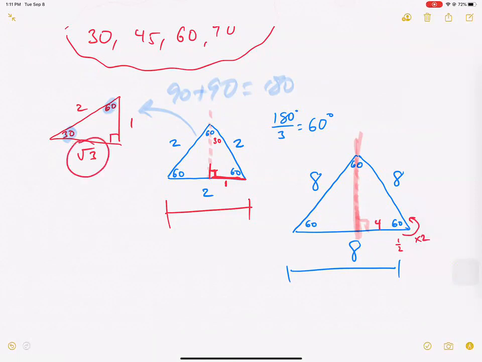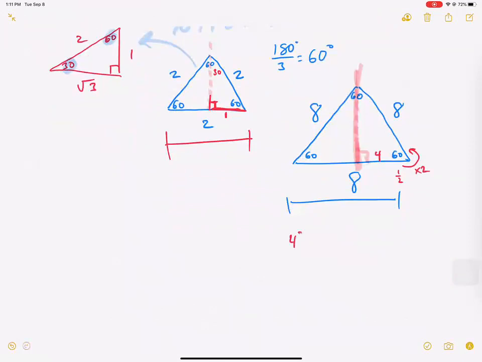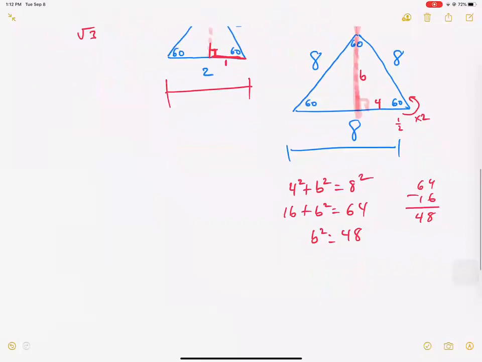Let's take our time with the Pythagorean theorem. 4 squared plus b squared, let's call this b, is equal to 8 squared. 4 squared is 16, plus b squared is equal to 64. Subtract, b squared is equal to 64 minus 16, which is 48. And the square root of 48.